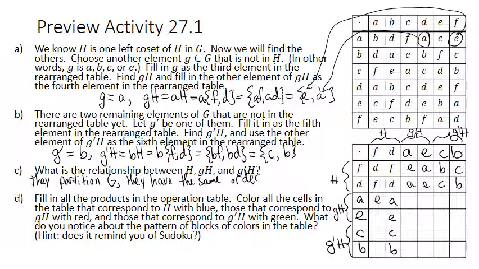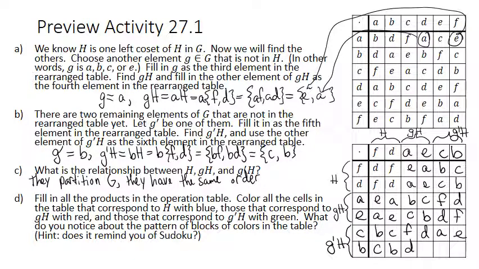A times F is E, A times A is B, A times E is C, A times C is F, and then the last one should be D. Okay, so E times F is A, E times A is C, E times E is B, E times C is D, and then the last one is F. Okay, so C times F is B, C times A is F, C times E is D, C times C is A, C times B is E. Okay, and then the last ones I'm going to do by just the Sudoku method.